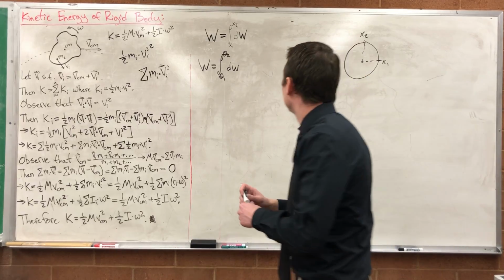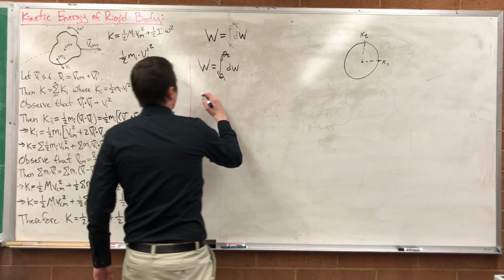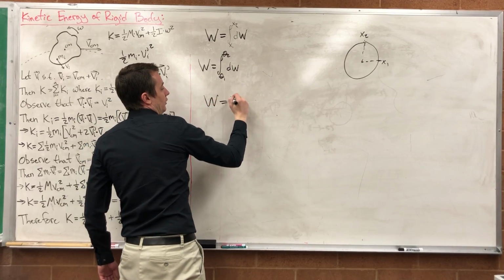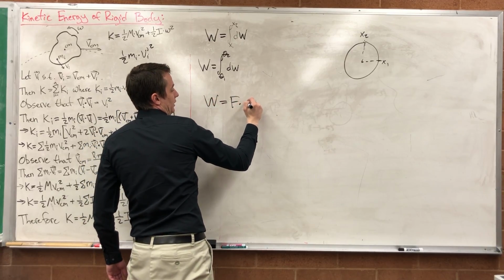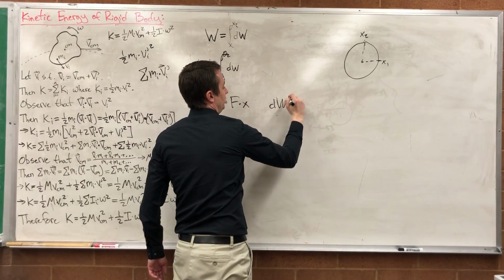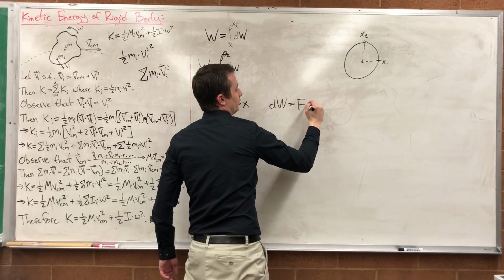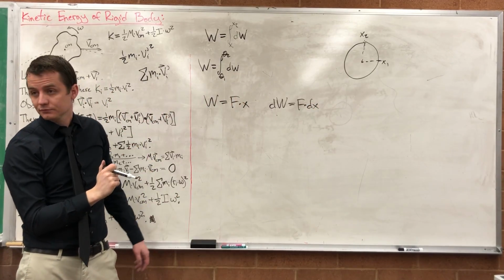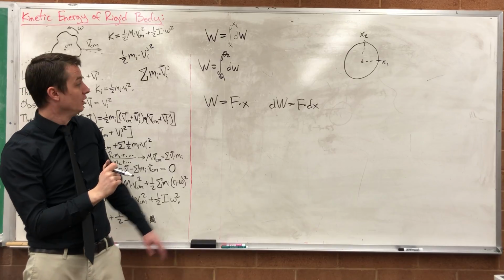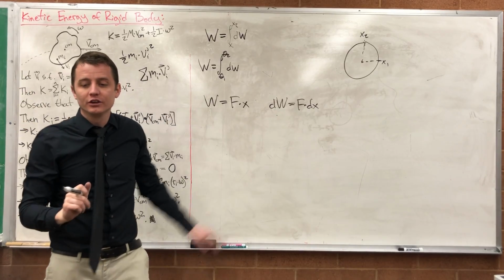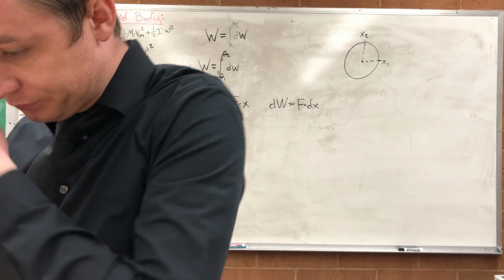There are a lot of ways that we can calculate the dW, because we know that one way we got work is force times distance. So one of the ways that we can represent dW is force times dx, for the little tiny infinitesimal change.